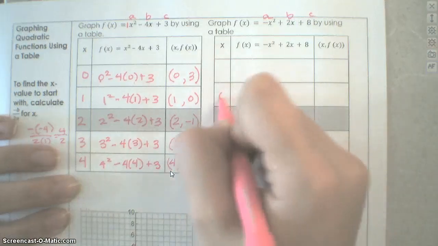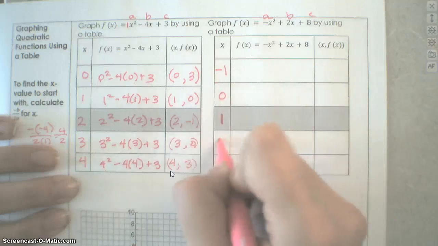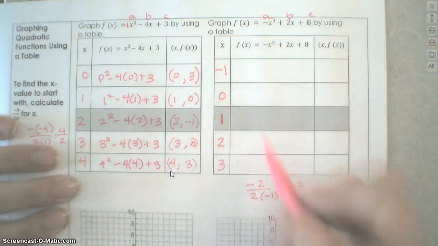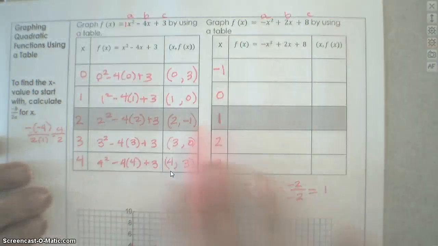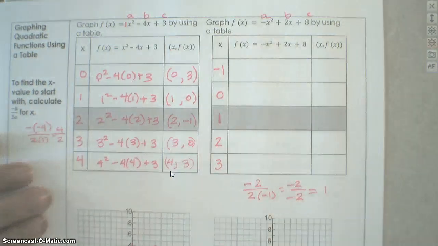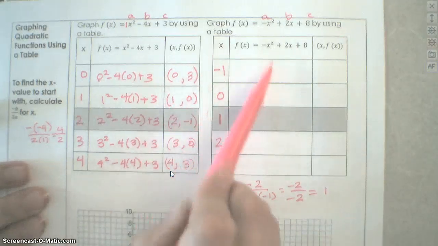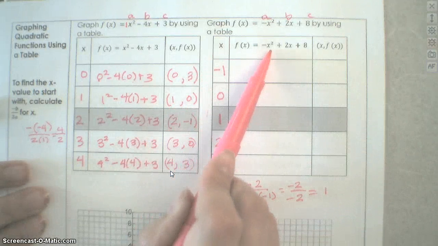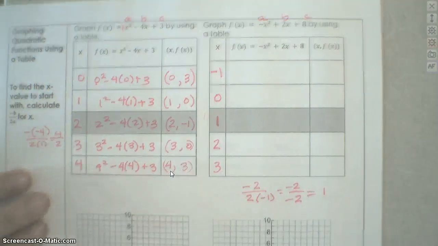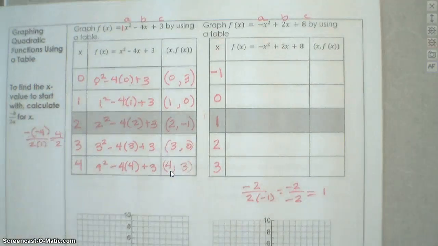Now you should have 0, negative 1, and then 2 and 3. So just kind of keeping that 1 in the middle there balanced, and then the other 2 just going up from there and then down from there. So now plug these values in to your function and then graph it. So pause the video, try that on your own, and then check when you're ready.